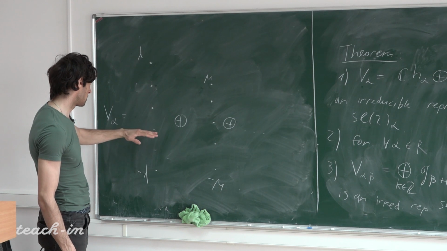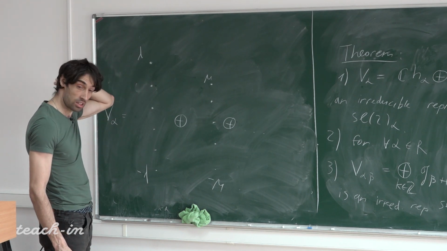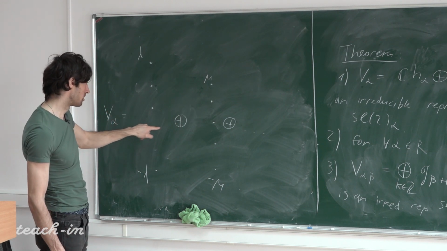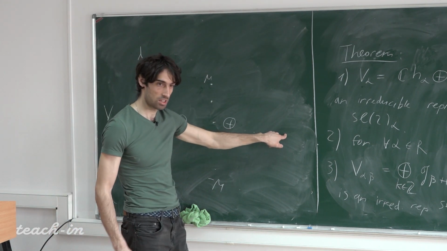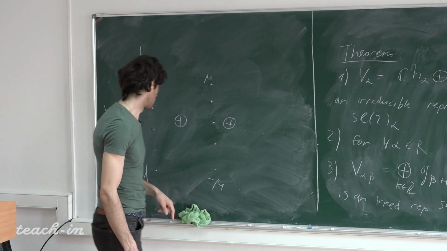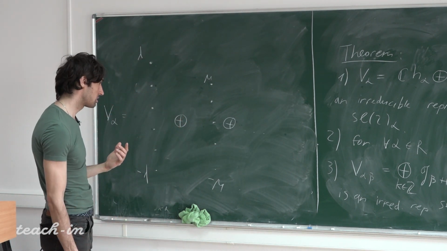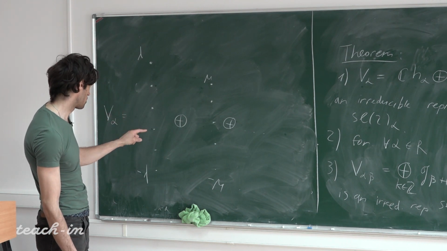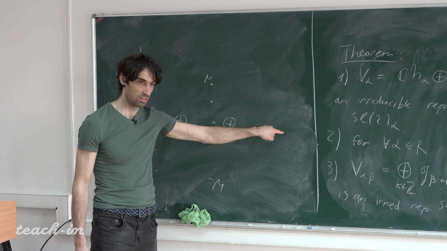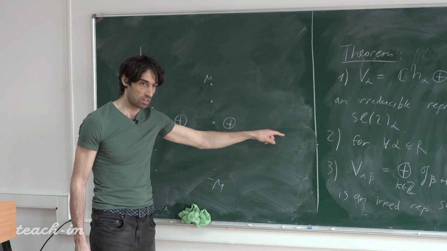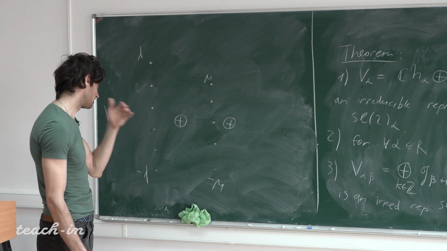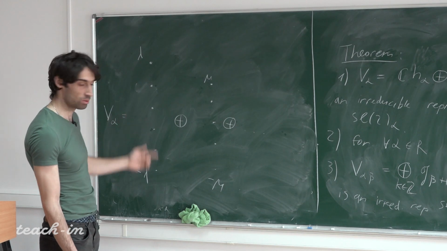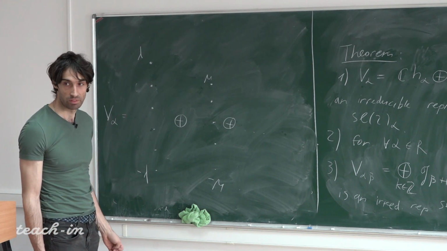And on the other hand, this parity is even. Therefore, we have 0 in each of these summands. Since we have 0 in each summand, the dimension of V alpha of 0 consists of the number of points that I have here. So therefore, we have only one summand, and the representation is irreducible. Okay, is that clear?